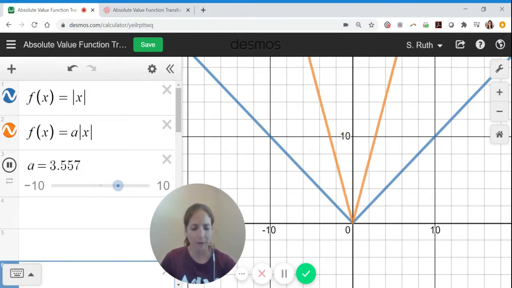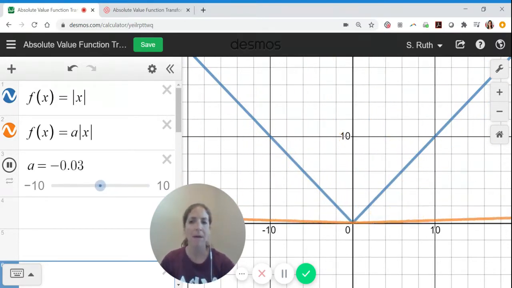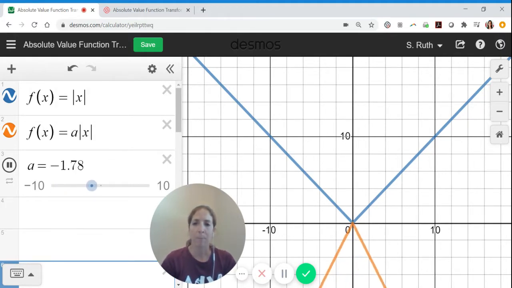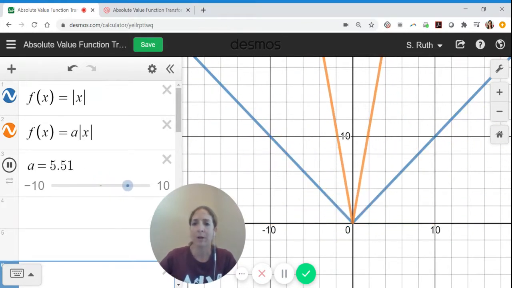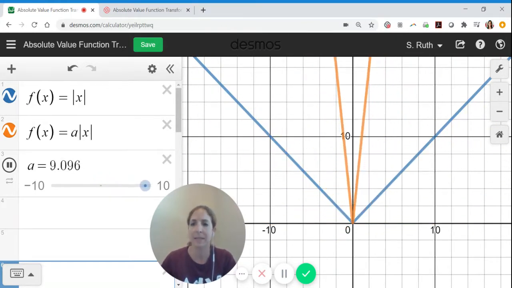So A is doing a couple things, right? A may feel a bit harder to describe than the H and the K that we worked with previously. So probably if I were able to ask all of you and you could hear each other's responses, I would hear probably at least 2 different ideas about what A is doing. Maybe more than that.